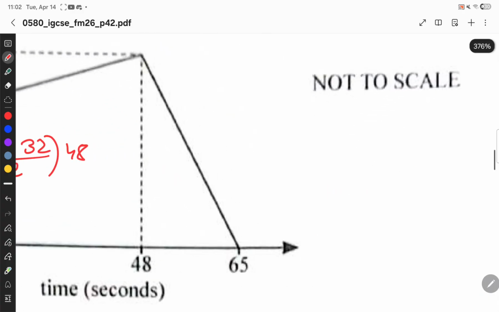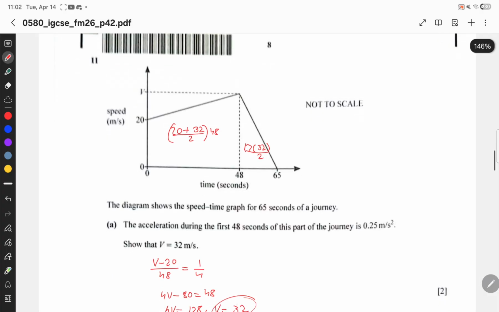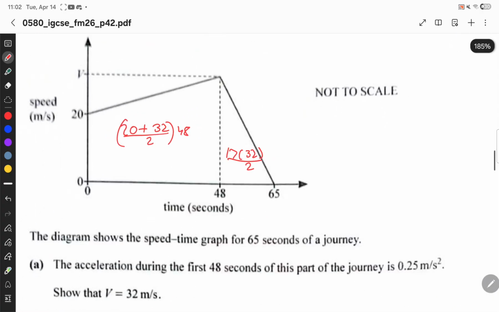Then this area is 65 minus 48, which is 17, times 32 all over 2.